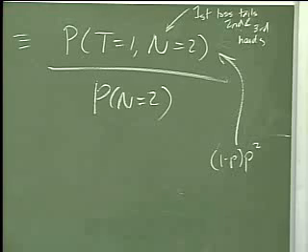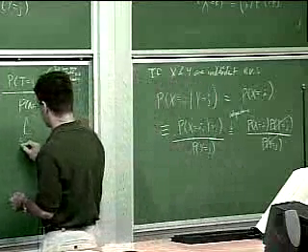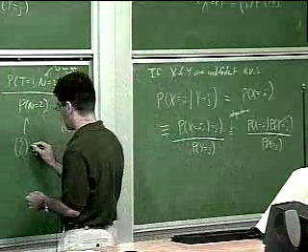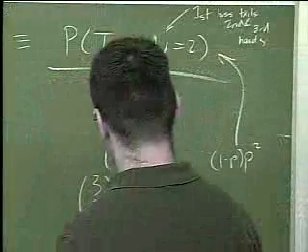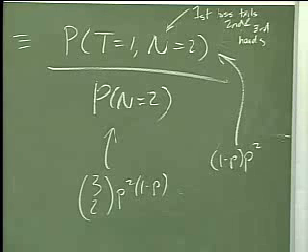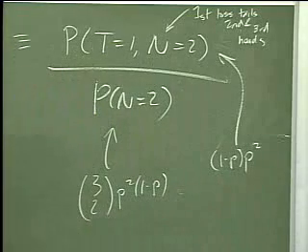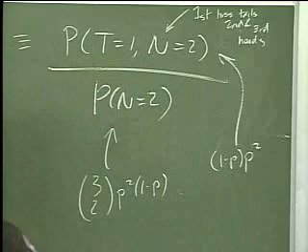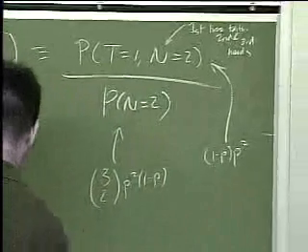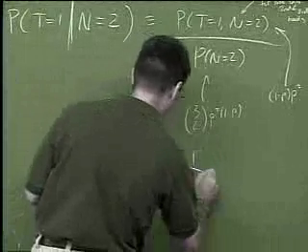Well, so what's the probability that N equals 2? Yeah, it would be 3 choose 2 times p squared times 1 minus p, which is just 3p squared times (1 minus p). So it equals (1 minus p) times p squared over 3 choose 2 times p squared times (1 minus p), which is just going to be 1/3.